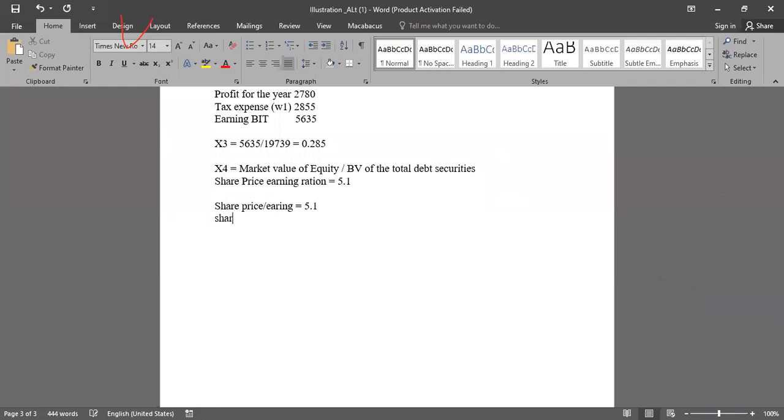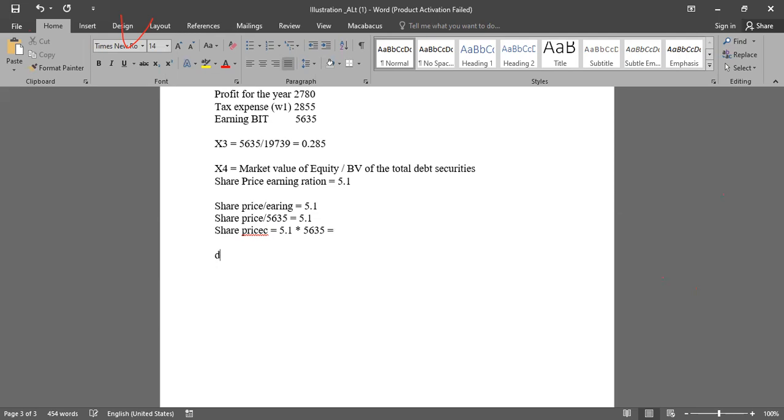We don't know the share price, that's what we're looking for. But we know earnings before interest and tax are 5,635. So when you cross multiply, share price will be equal to 5.1 times the earnings. That's the value of the share price.